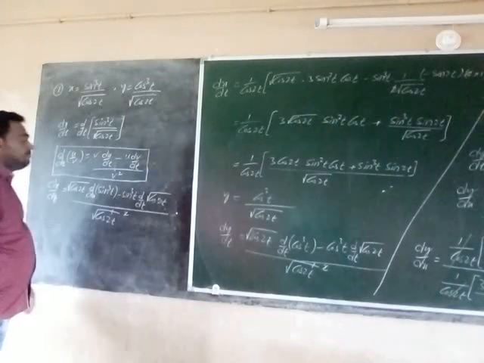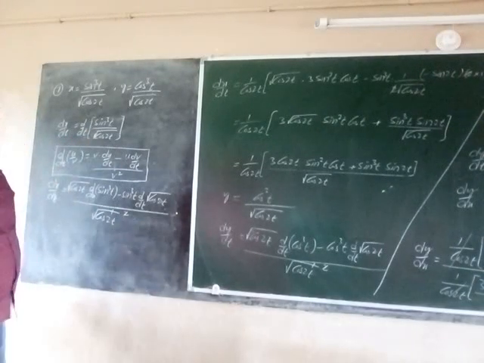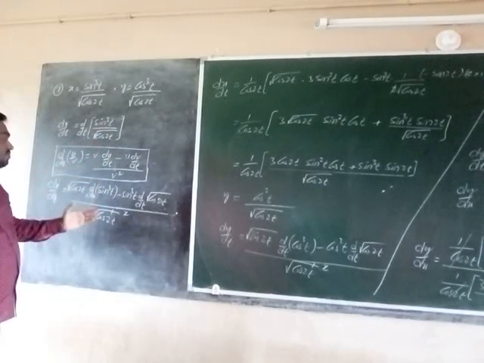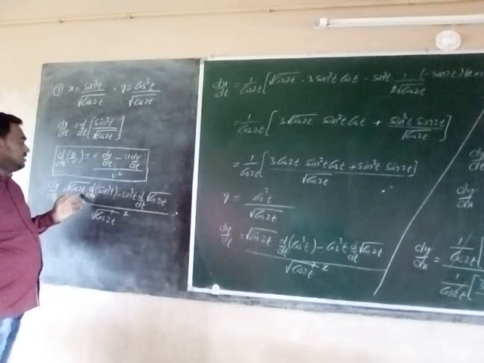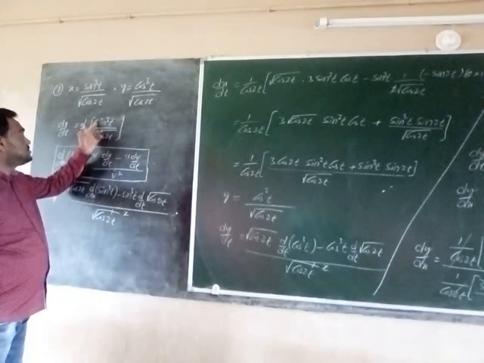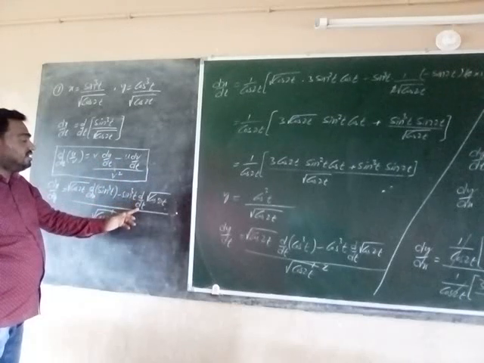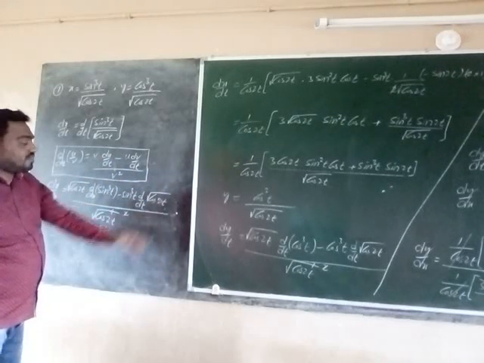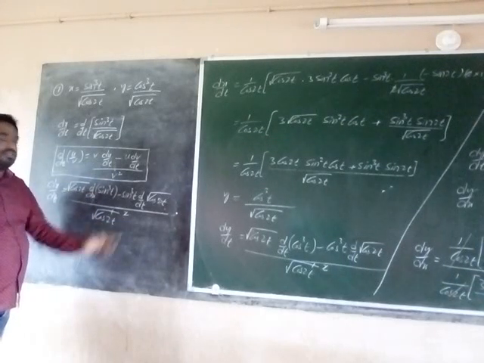So this is the formula. Here u is the numerator, v is the denominator. Just apply this formula. Then under root of cos 2t into d by dt of sin cube t, minus sin cube t into d by dt of under root of cos 2t, by v square, that is cos 2t under root whole square.